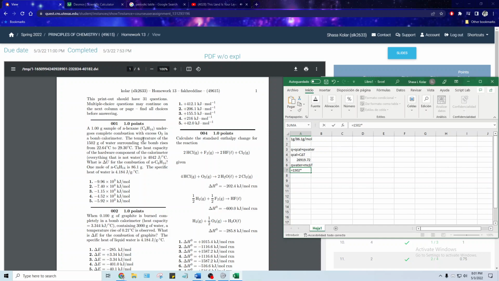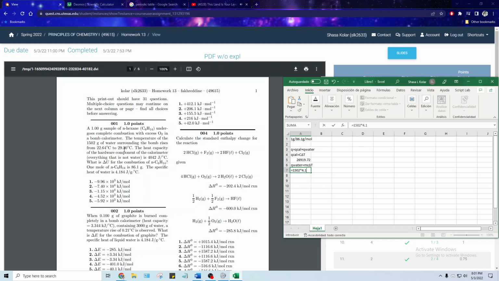And then where is our... oh right, so here we go. If you don't understand how to put these numbers together, you can just look at the units. We have joules, which is the number we want, per gram degree Celsius. So we know we need to multiply by grams and by degrees Celsius.